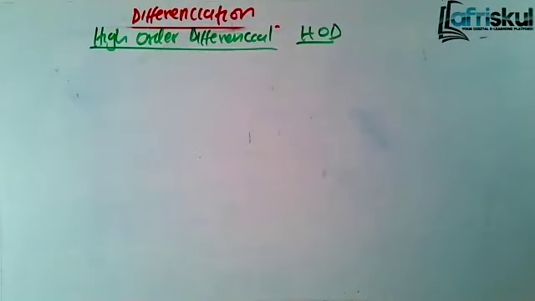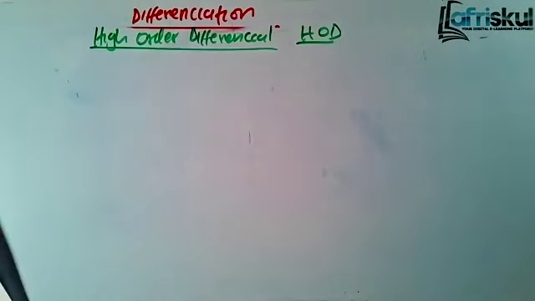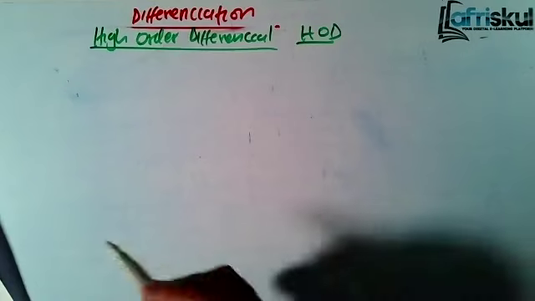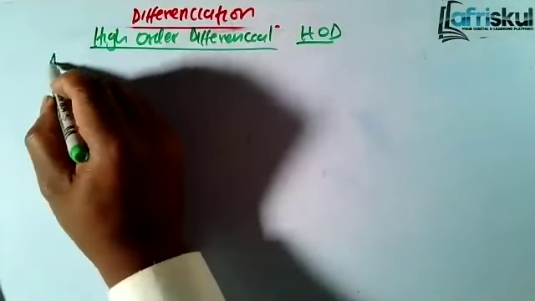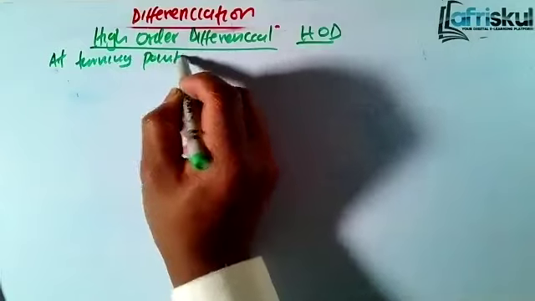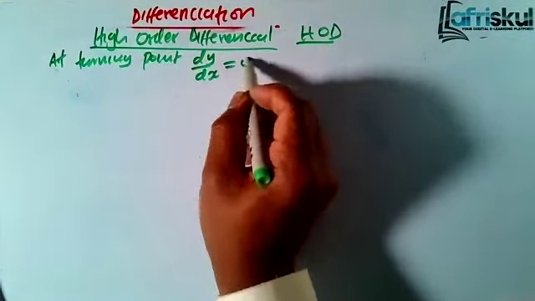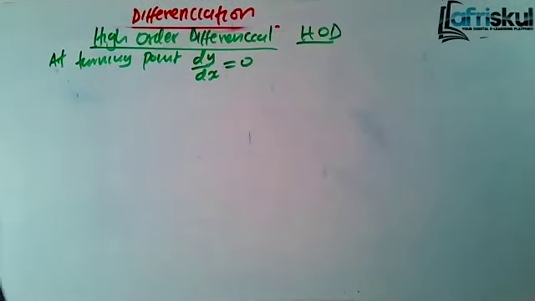The number of times a function can be differentiated is known as the turning point. HODs are also used to determine the turning point. At a turning point, the gradient is equal to 0. So at the turning point, if you differentiate y with respect to x, you should get a gradient of 0.